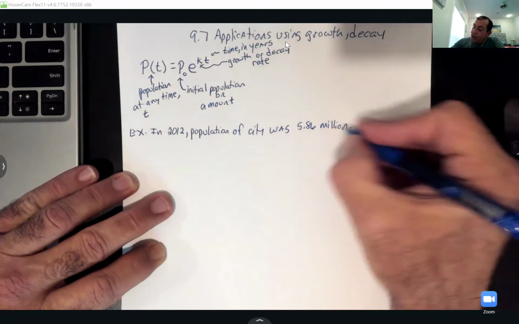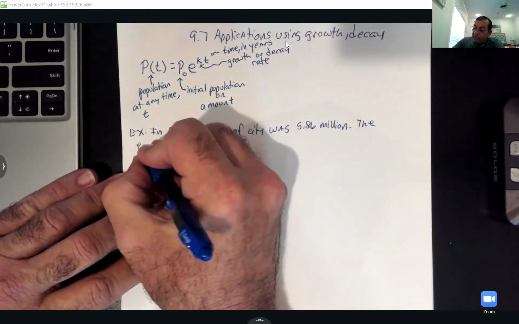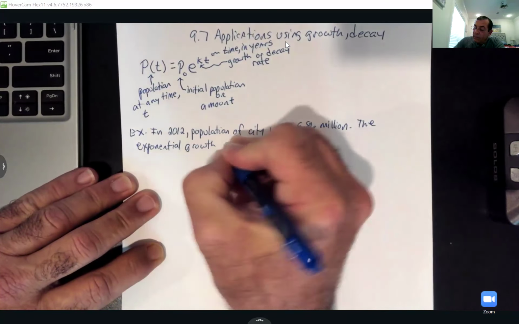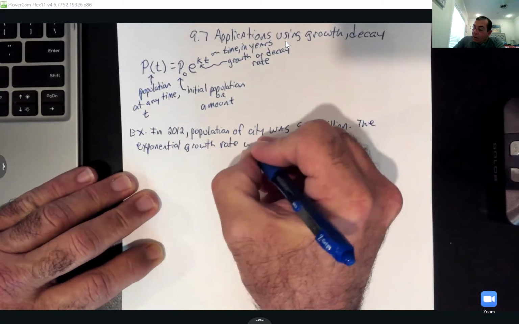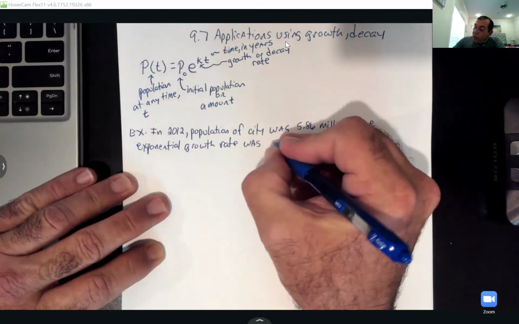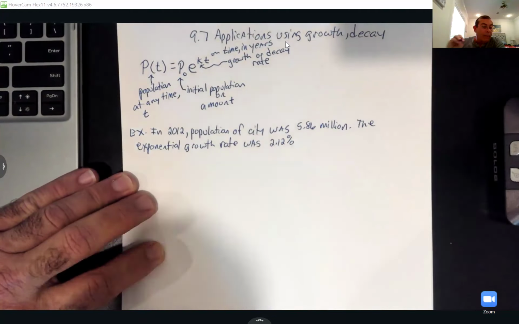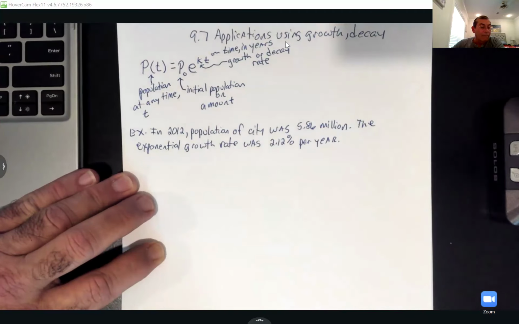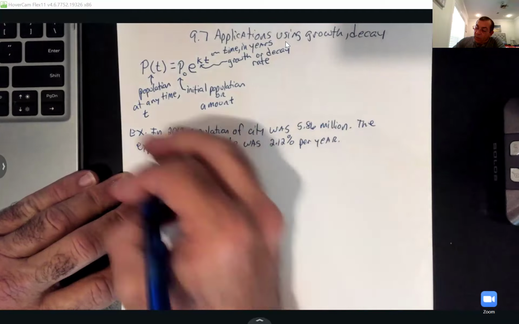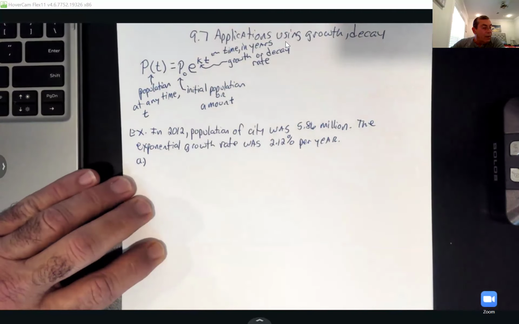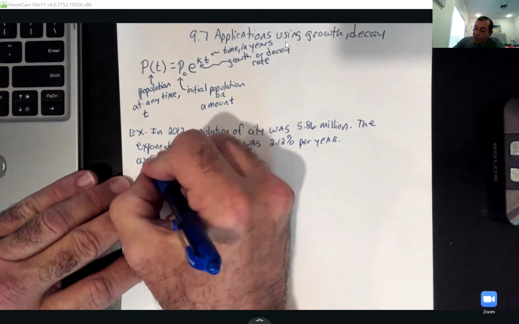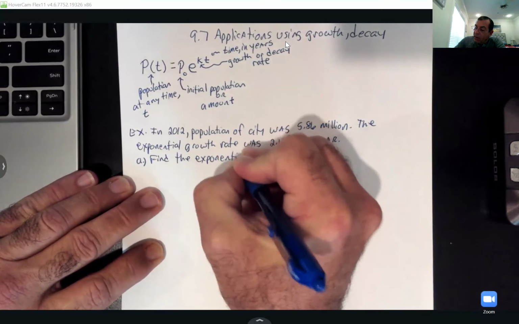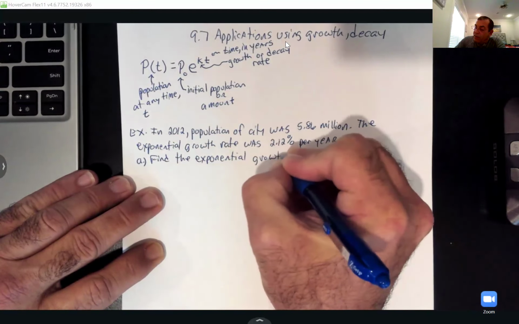Then they tell me the exponential growth rate was 2.12% per year. So for part A, they want me to find the exponential growth function.